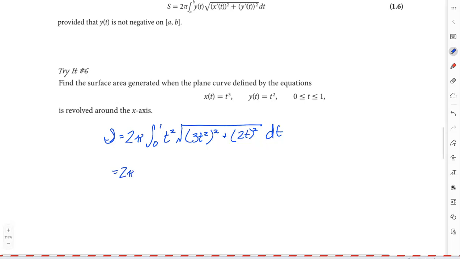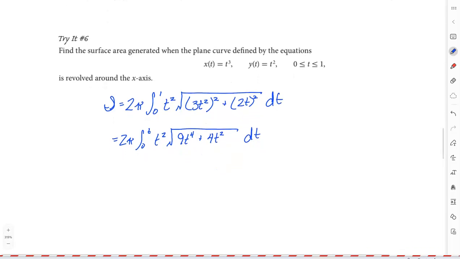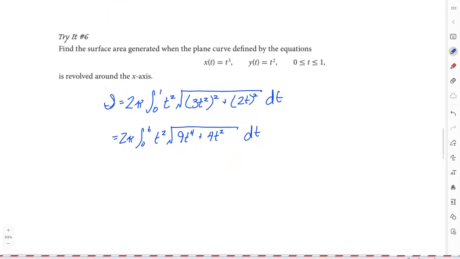So we're going to get 2 pi integral from 0 to 1 of t squared square root of 9t to the 4th plus 4t squared dt. So let's see if we can integrate this.